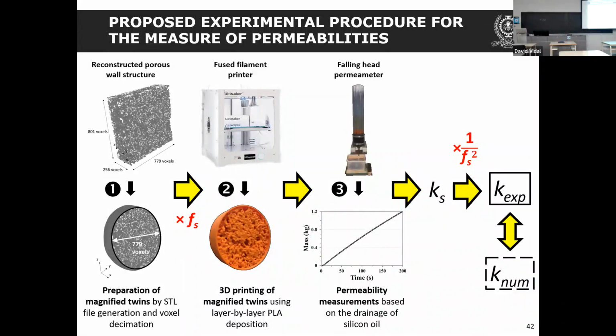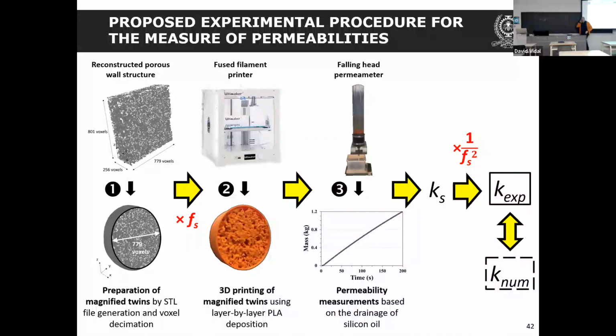So you print them, and then after that we put them in the permeameter. And the permeameter is simply a column in which silicon oil is passing. And we're collecting the silicon oil at the bottom of the permeameter, and then we measure the evolution of the silicon oil collected over time, so the mass.